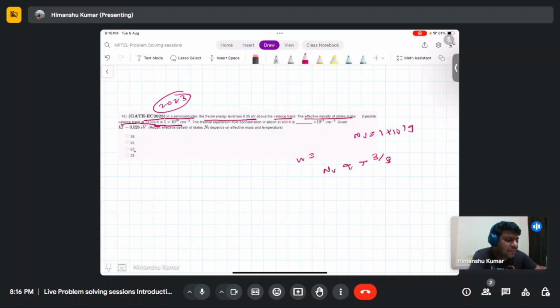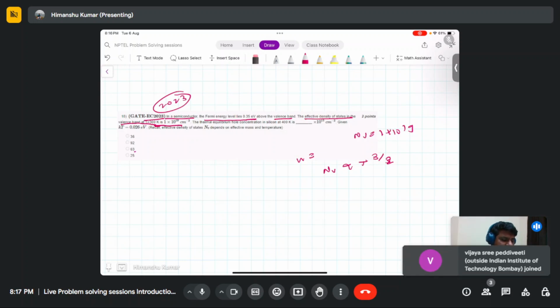So the hole concentration is given as Nv times exponential of (Ev minus Ef) by kT. So then p at 400 Kelvin, you can calculate Nv at 400 Kelvin, since Nv at 300 Kelvin is given, with a factor of temperature to the power 3 by 2.